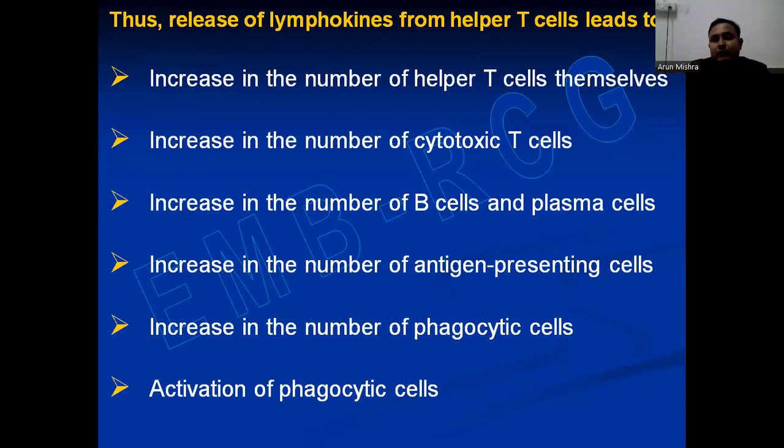Thus, release of lymphokines from helper T cells leads to an increase in the number of helper T cells, stem cells, increase in the number of cytotoxic T cells, increase in the numbers of B cells and plasma cells, increase in the number of antigen presenting cells, increase in the number of phagocytic cells, and activation of phagocytic cells.